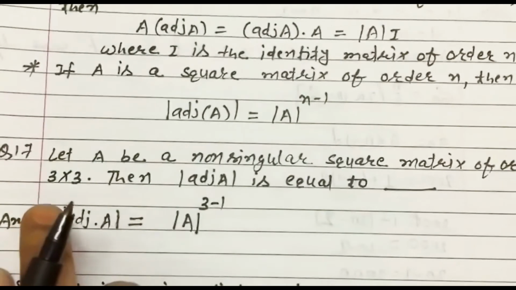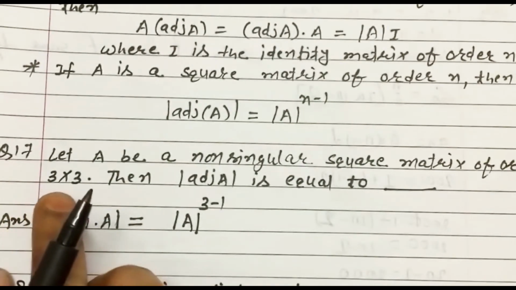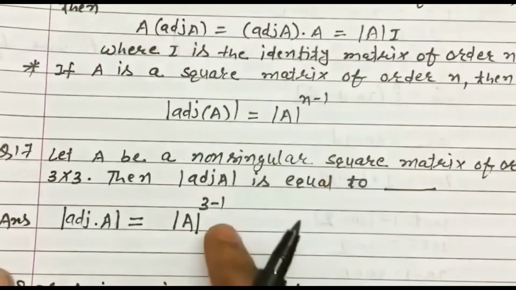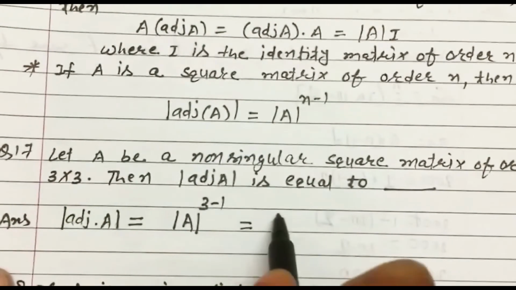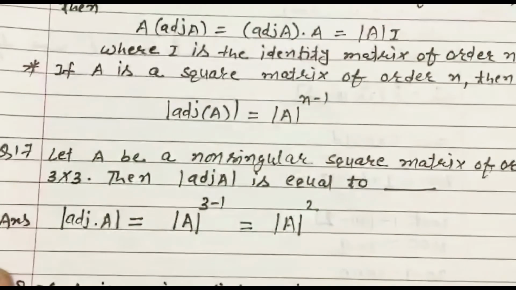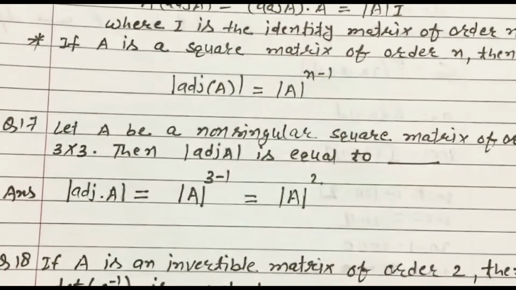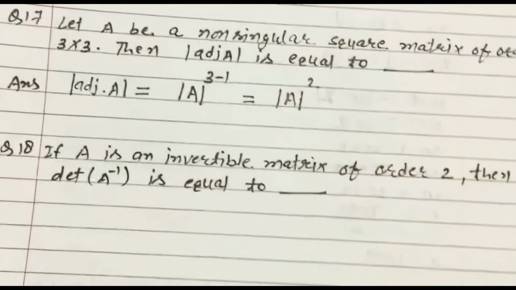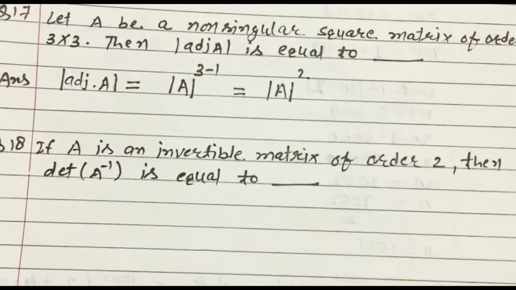Since here order of matrix is 3 by 3, so in place of n we have to write 3, and answer is determinant A square. Okay. So now next question number 18.